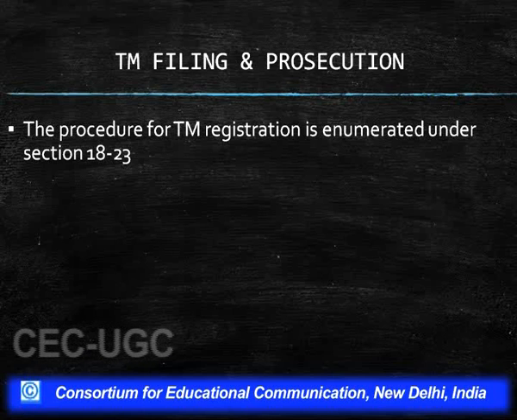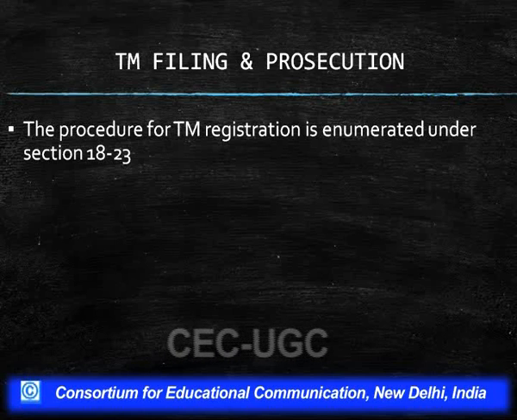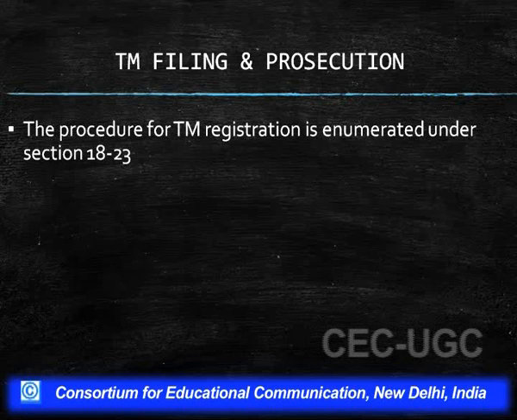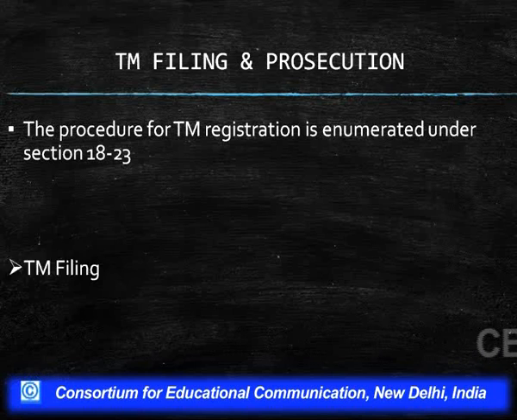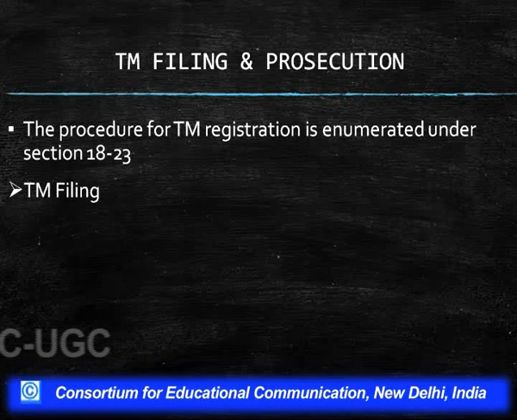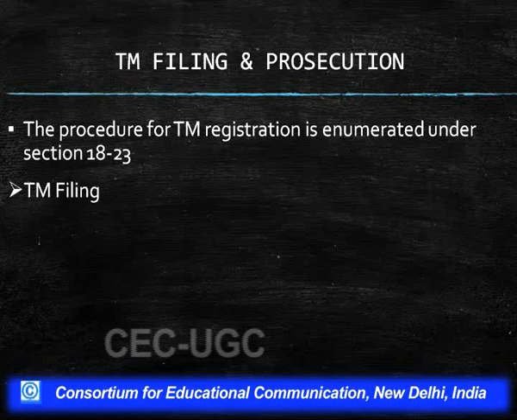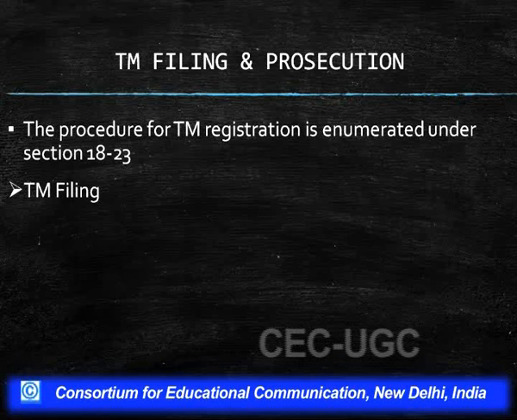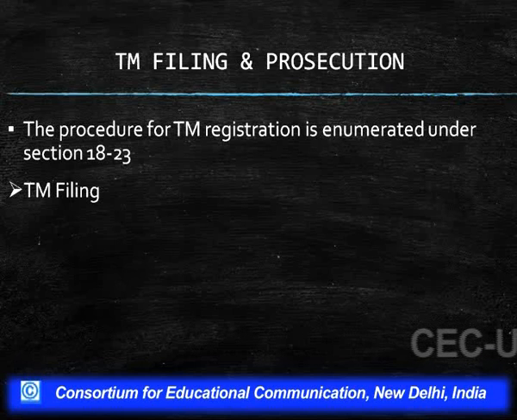So there are 2-3 important aspects to be seen as far as TM prosecution is concerned. What are those? The very first is TM filing, which we have already learned. I mean, who can file, when to file, how to file and where to file. That is trademark filing.